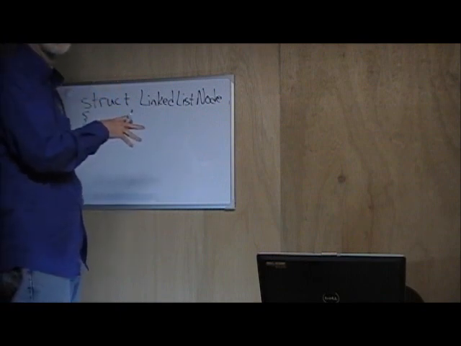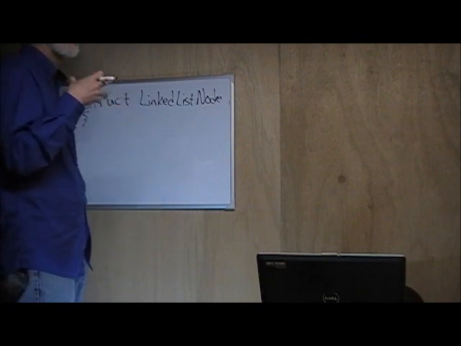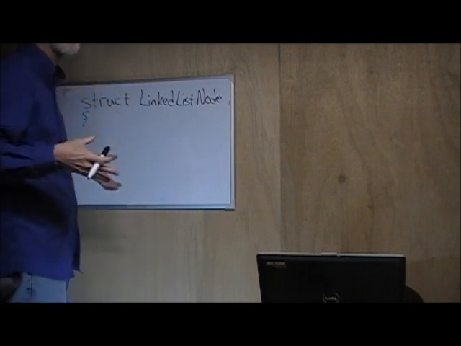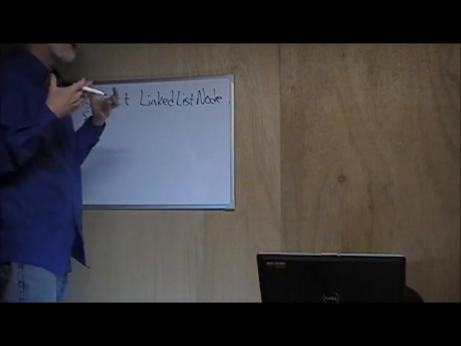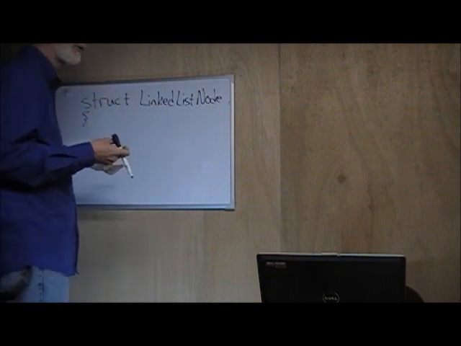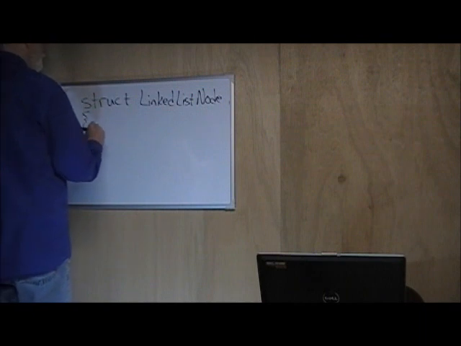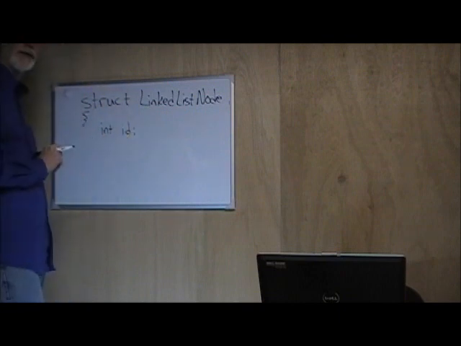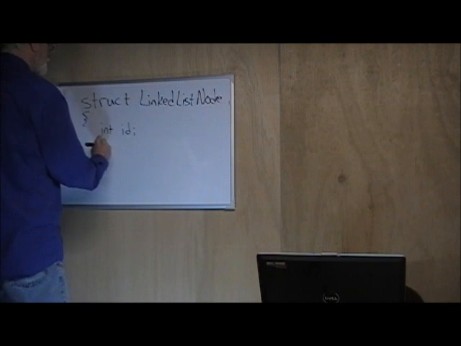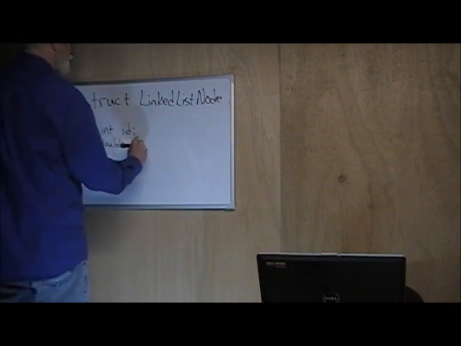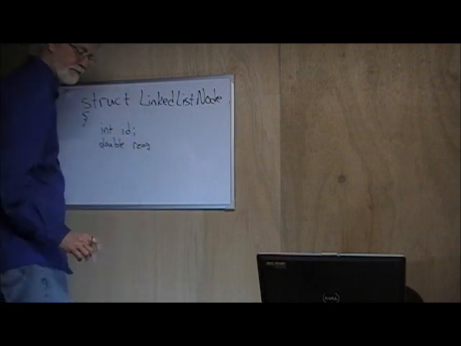Now, inside, we can put in data members. That is, things that look like variables, things that are defined very similar to variables, and they'll be pieces of the container that can hold information. So for instance, we'll have an int ID, and then I might have a double called readings.